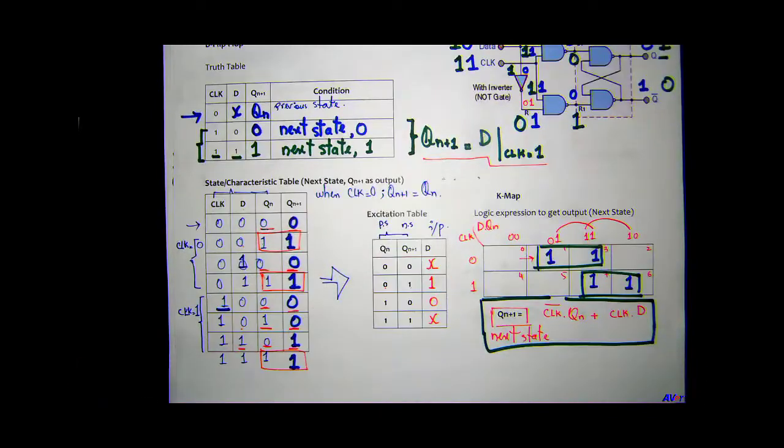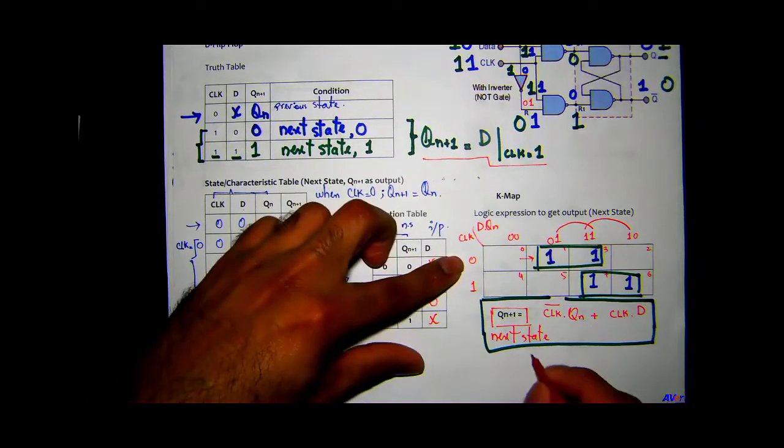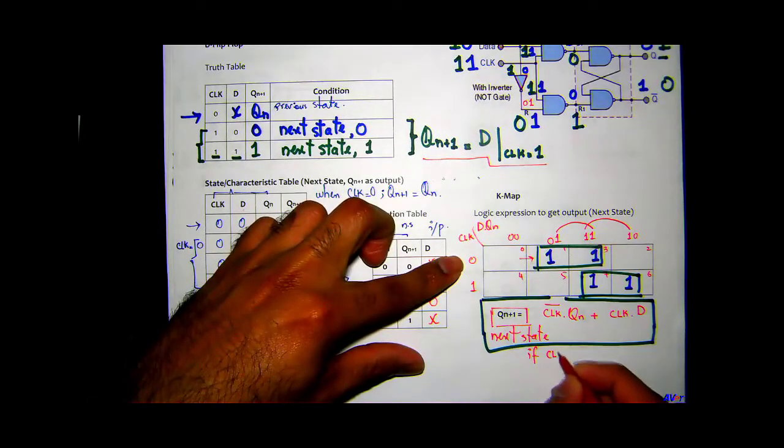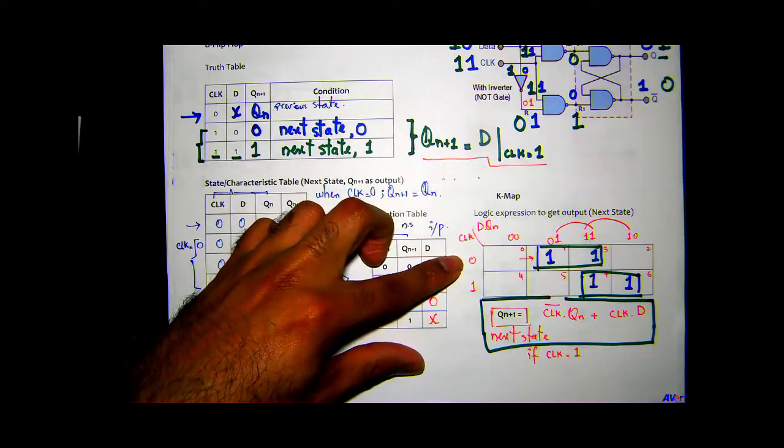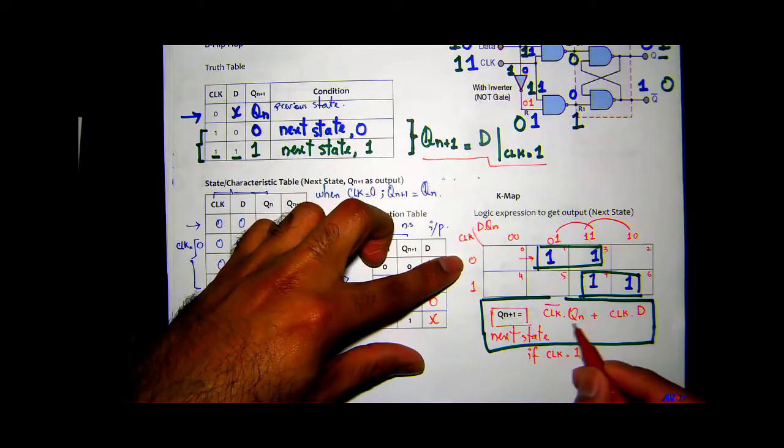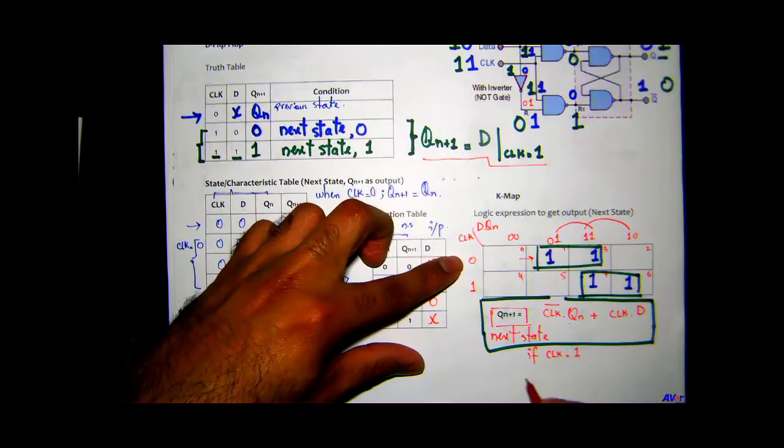Now notice here, if clock is high and I put this value here, the complement of 1 would be 0, so this whole term will be 0.